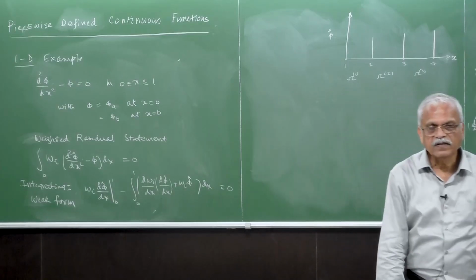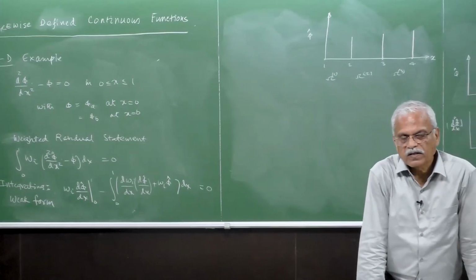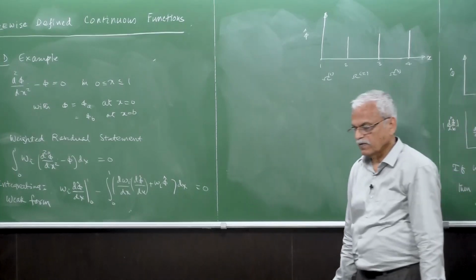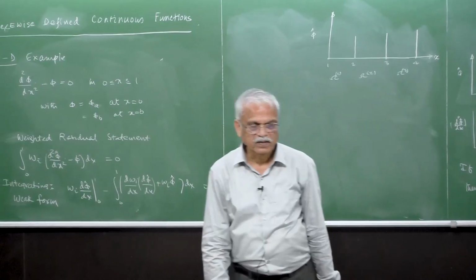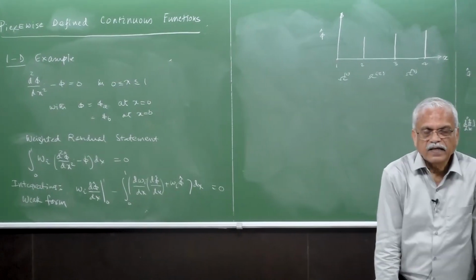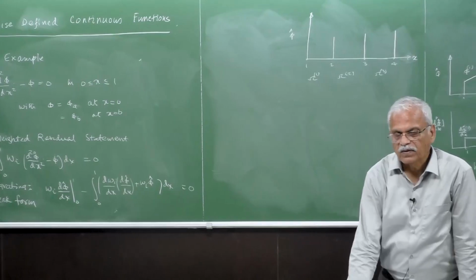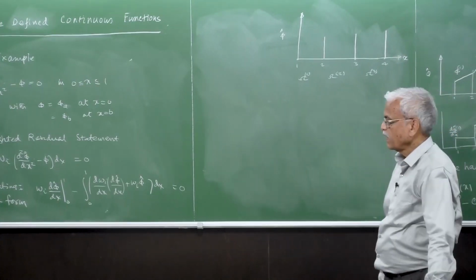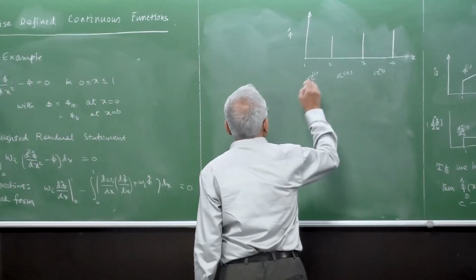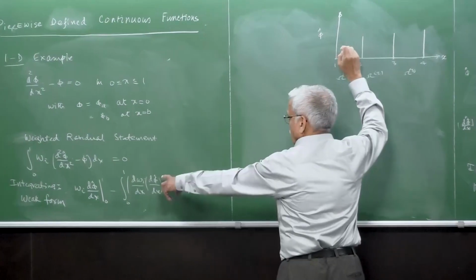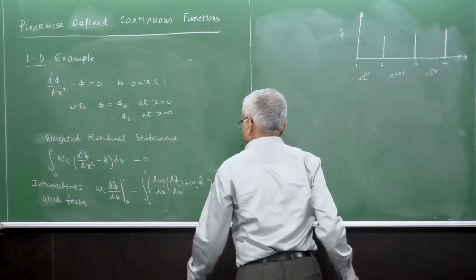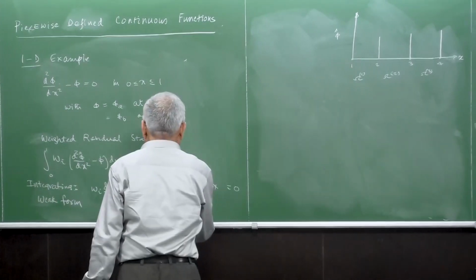So what else is there? This is the first derivative. The first derivative can be allowed to have a finite discontinuity, which means that the phi hat has to be continuous. If the phi hat is continuous, then the first derivative can have finite discontinuity. What we mean by this is, just look at this one. It should be at least a first degree polynomial.